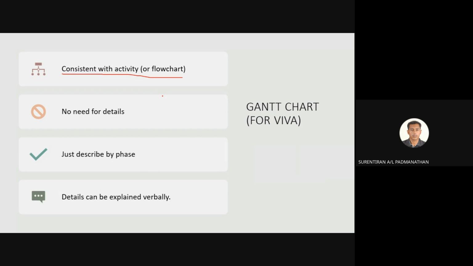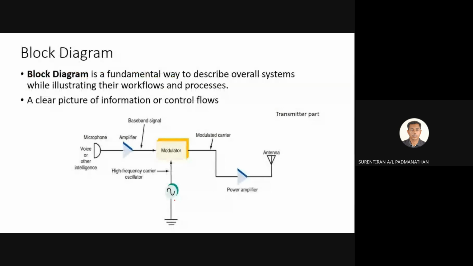You have to make sure the Gantt chart and the flowchart are consistent, that they tally. No need for details. Just describe by phrase, and the details can be explained verbally. All right.